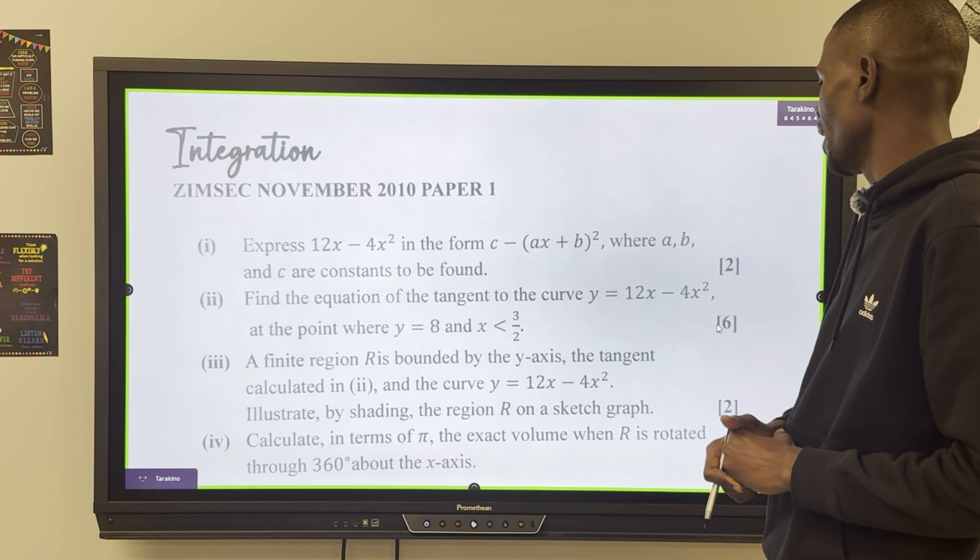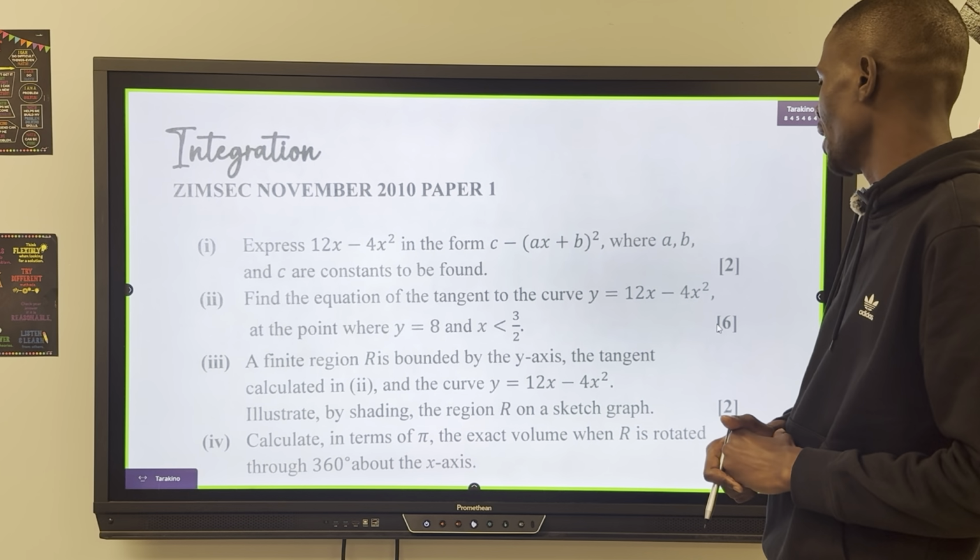It's c minus (a squared x squared plus 2abx plus b squared), which is equal to c minus a squared x squared minus 2abx minus b squared, right? Which is the same as saying c minus b squared, minus 2abx, minus a squared x squared. So now we can compare.